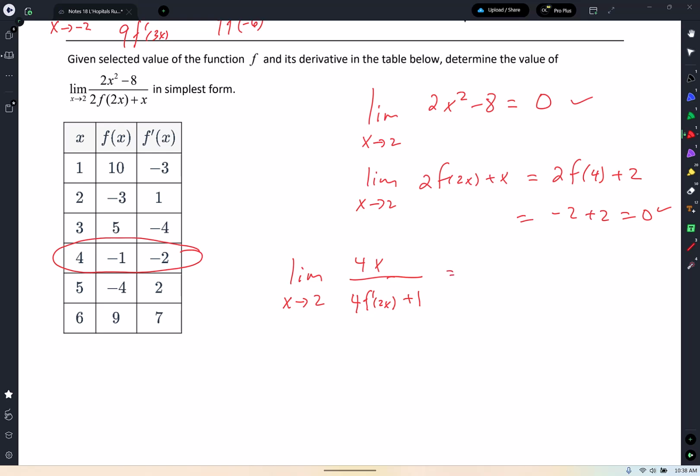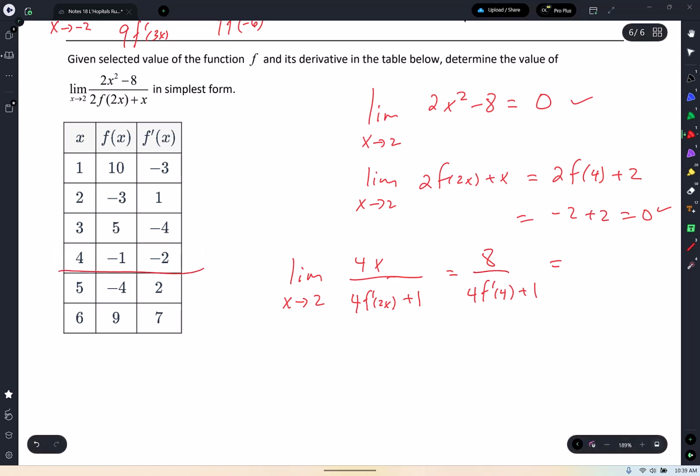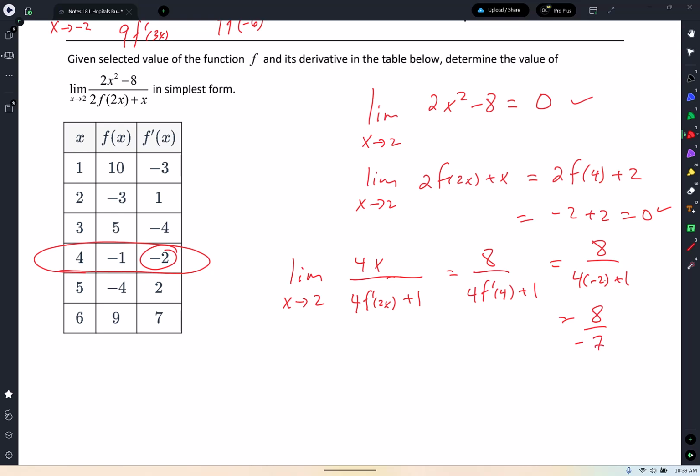I'm going to plug in a 2. 4 times 2 is 8. 4f prime, 2 times 2 is 4, plus 1. I'm going to get f prime of 4 right here again. It looks like it's negative 2. So 8 over 4 times negative 2 plus 1. So negative 8 plus 1, negative 7. 8 over negative 7.